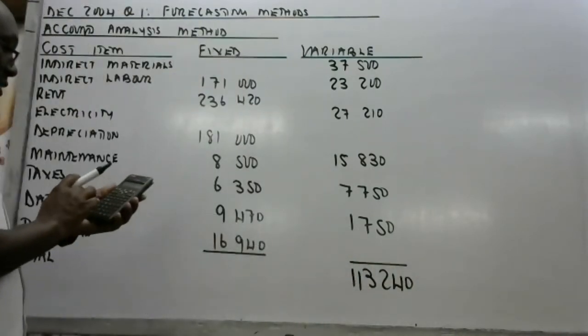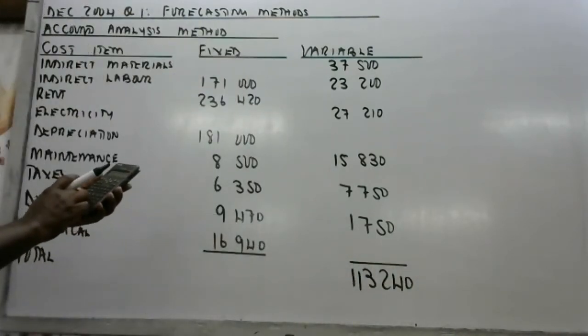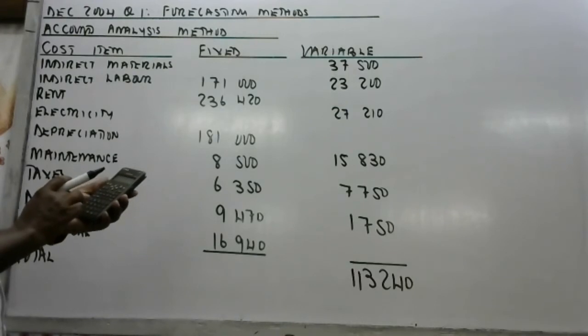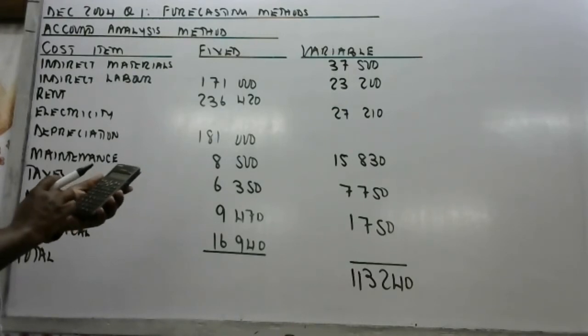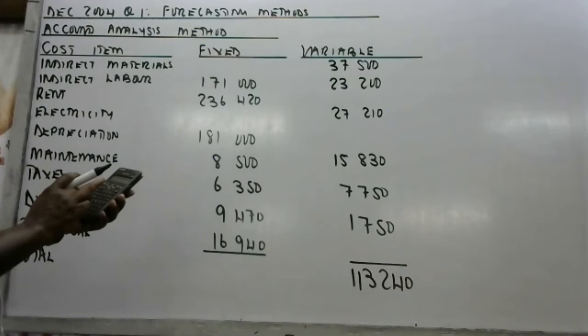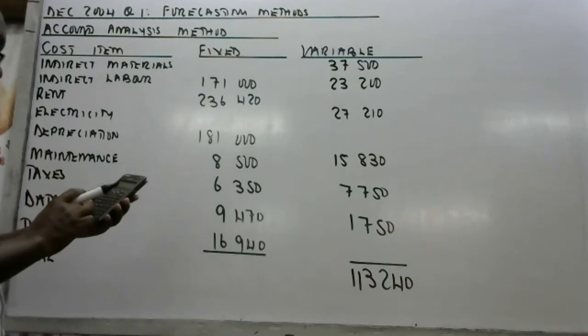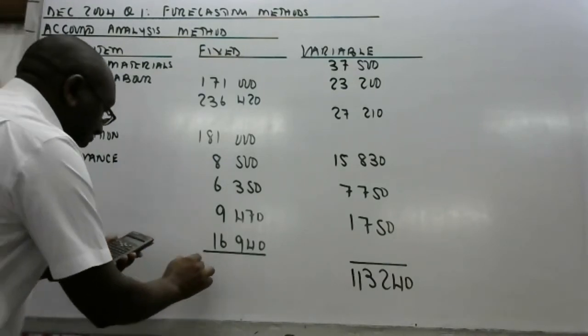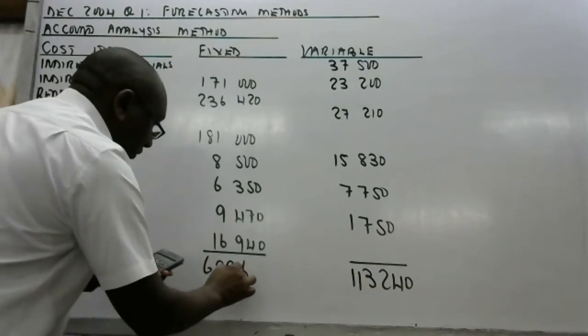Now huyu mwingine 171,000 plus 236, 420 plus 181,000 plus 8,500 plus 6,350 plus 9,470 plus 16,940 is equals to 629,680.